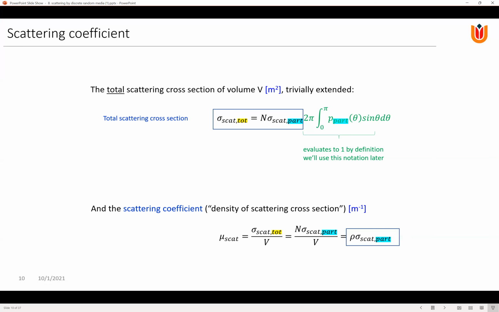So working that out, the numerator would be n times the scattering cross-section of one particle, and n divided by V is the density rho. So then this equation.